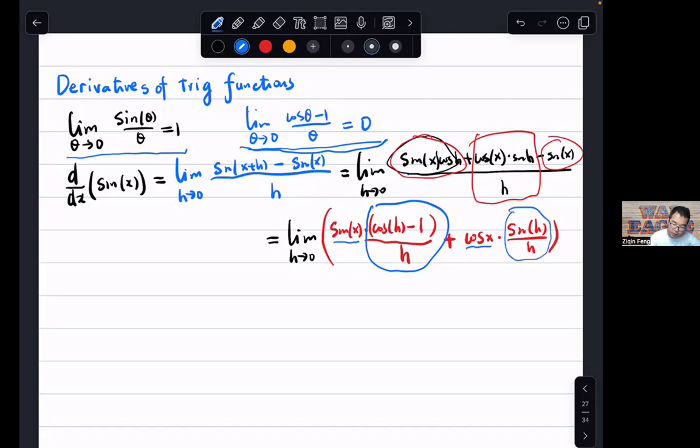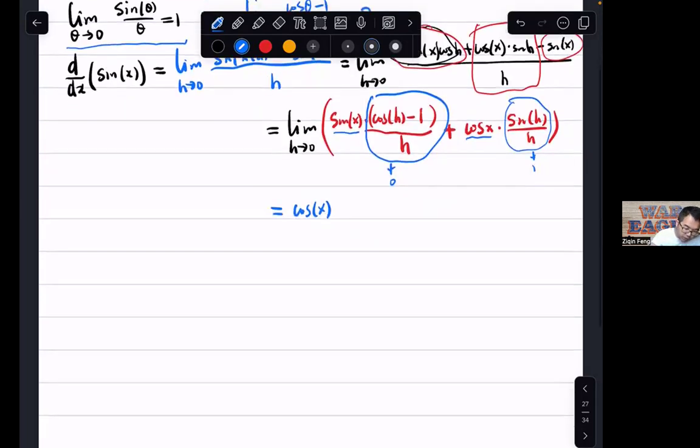This one goes to 0, this one goes to 1. We plug in all the corresponding numbers, so this is equal to cosine of x. So we get our first formula for the derivatives of trig functions: the derivative of sine of x is cosine of x.